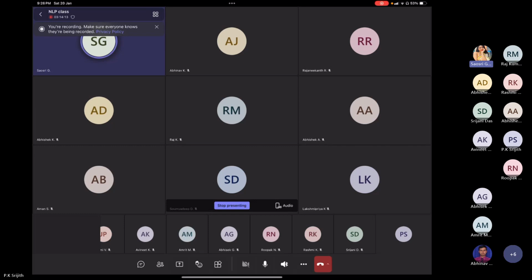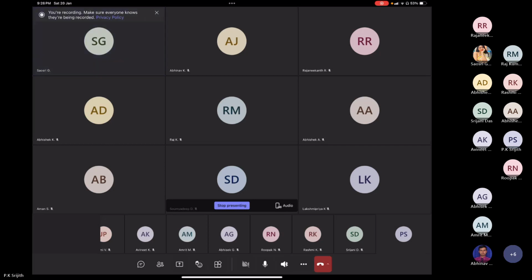Sir, one more question. For this slide and everything, which book are you referring to? You can follow a very nice book on NLP, Jurafsky and Martin.